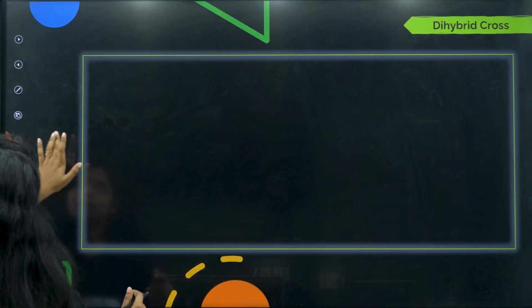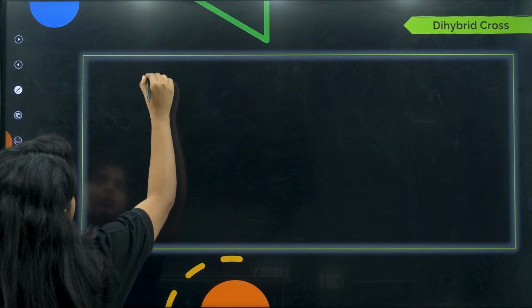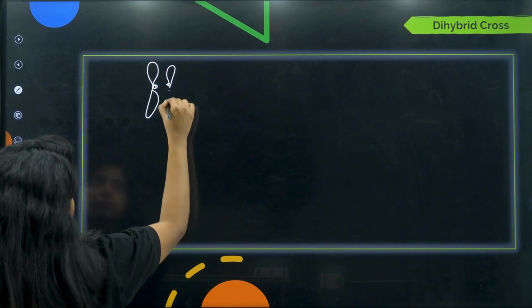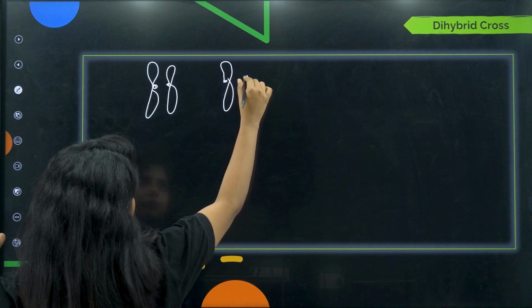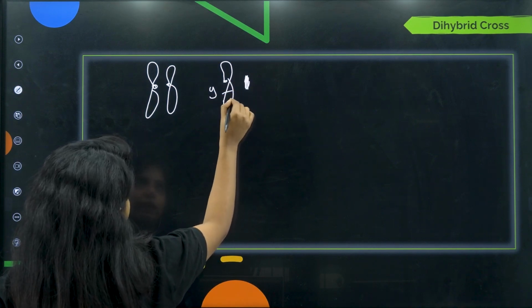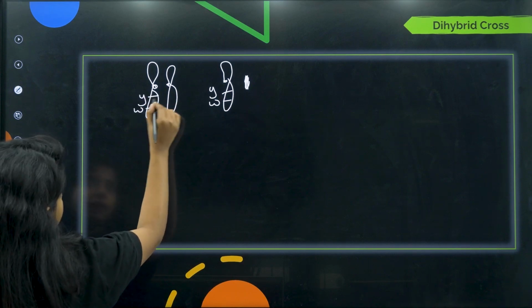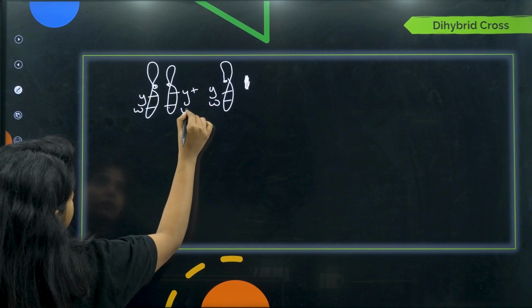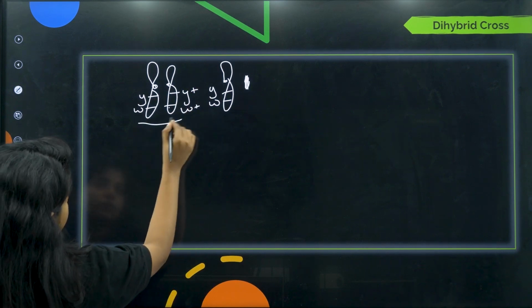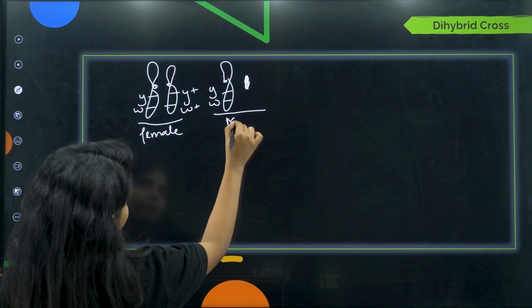Over here, this was the F1 generation, where it was yellow and white, and here it was yellow and white, and one was brown and red. This was the female and this was the male.